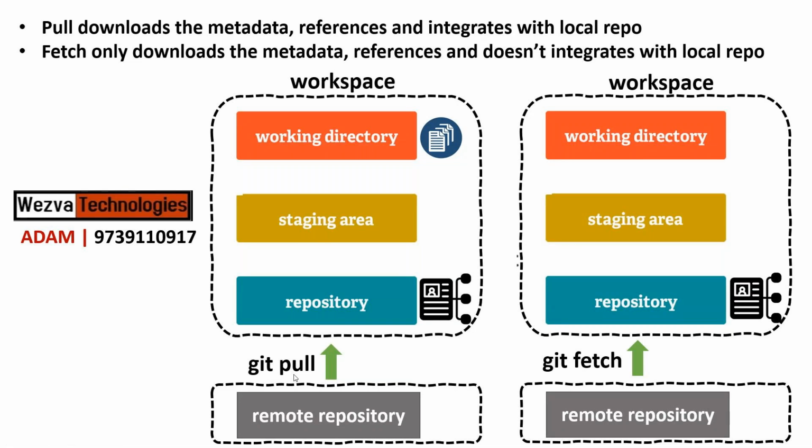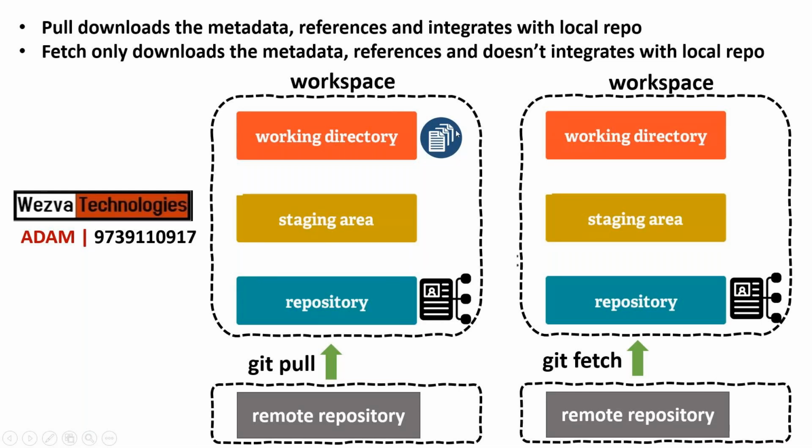After that, it will be updating the references or the metadata into the branch. So as soon as you do the pull, first it downloads and then it merges the content into the respective branch. That is where when you go to the working directory, immediately you are seeing the file.